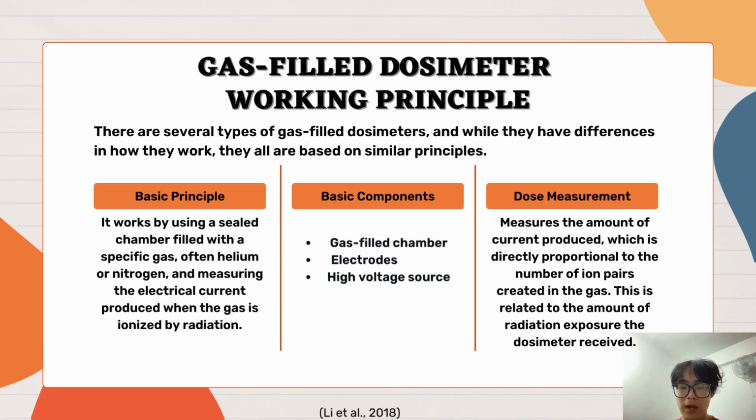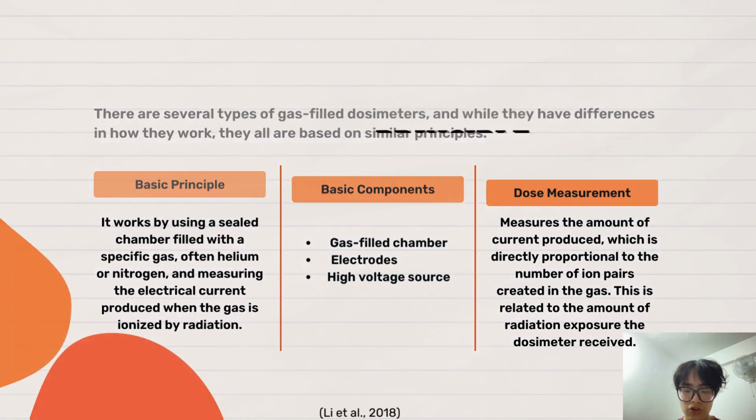When radiation passes through the chamber, the gas is ionized and the electrodes collect the resulting ions, thereby forming a current. The measurement is achieved by measuring the current produced during the ionization process. Therefore, by measuring the current, we can accurately detect the radiation.